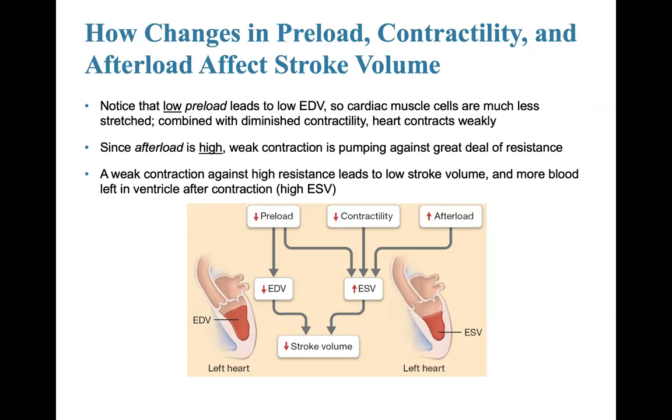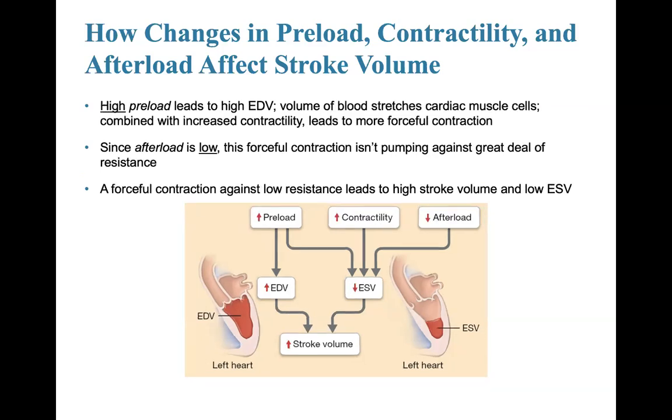A weak contraction against a high resistance leads to a low stroke volume and more blood in the left ventricle afterward, which gives a high end systolic volume. If you look, there's more blood left than if you had a high preload with a low afterload.